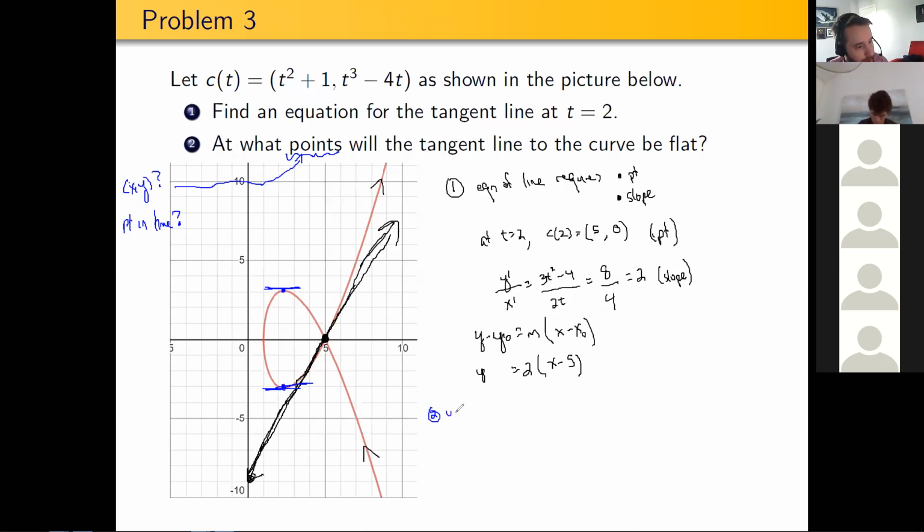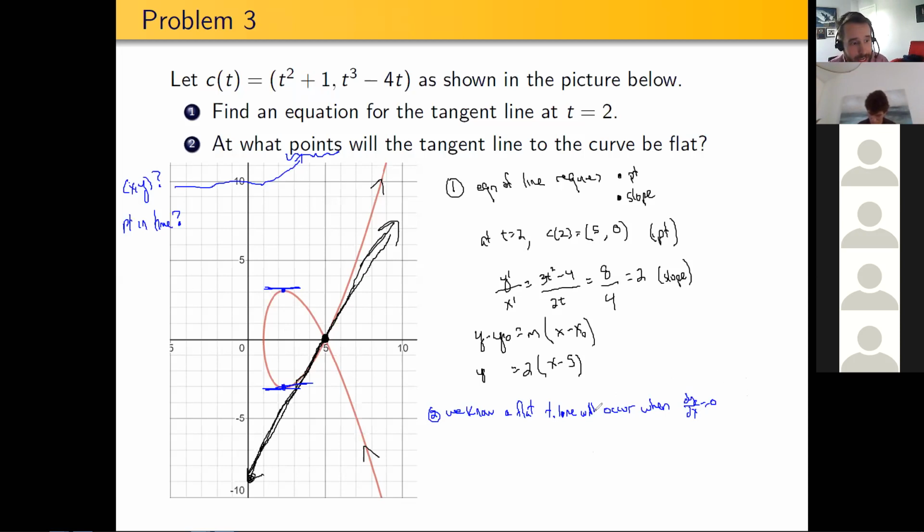So we know a flat tangent line, I'll just call it a t-line, will occur when dy over dx equals 0.